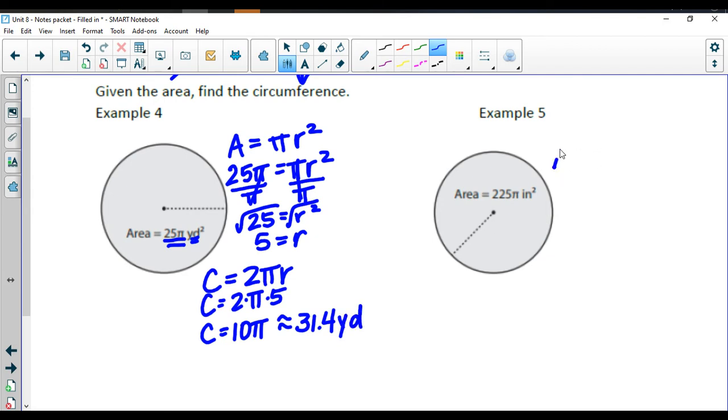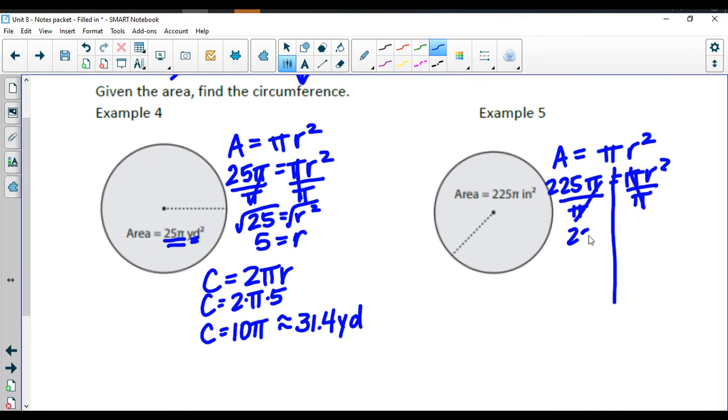In example 5, we're going to start off area equals pi r squared. Our area is 225 pi equals pi r squared. Again, the pi was in my answer, so I'm going to leave pi over here. Dividing through by pi on both sides, I get 225 is equal to r squared. So I take the square root, and I get 15 is equal to r.